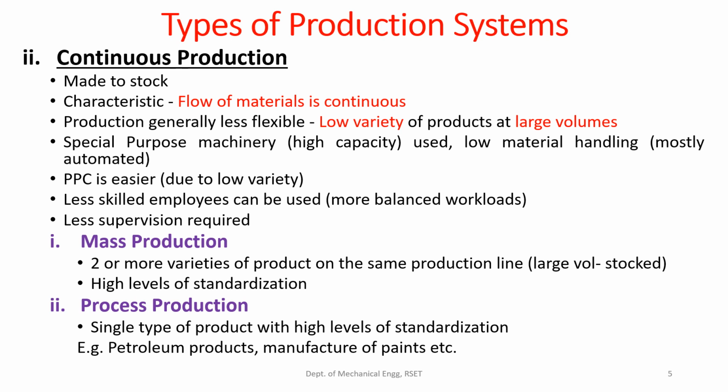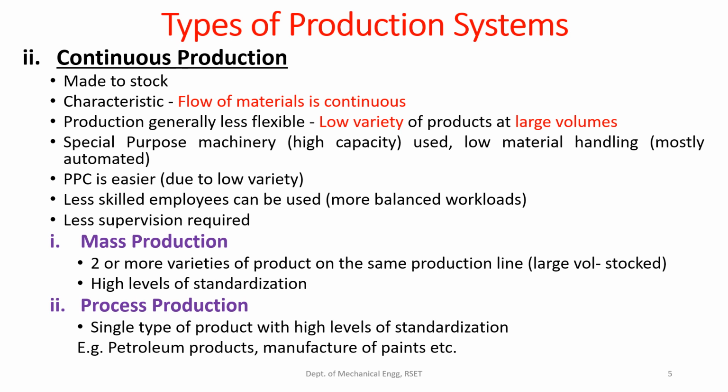Another characteristic of continuous production system is the fact that production planning and control is much easier, as we are dealing with only very low varieties of products. The employees that run or operate the machines need not be as skilled as the ones who are employed in intermittent production systems, as they are doing the same kind of job over and over again.